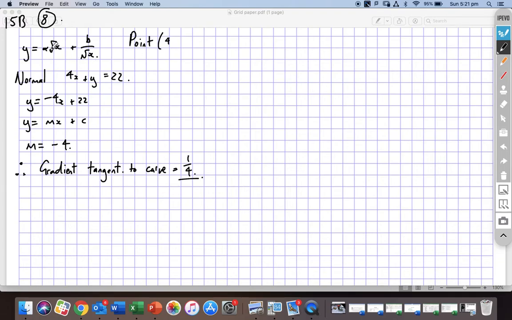I've ruined my a. There we go. It will be 2a plus b on 2. Okay, because if I put 4 into here, square root 4 is 2, square root 4 is 2. I know what the y value is as well, right?